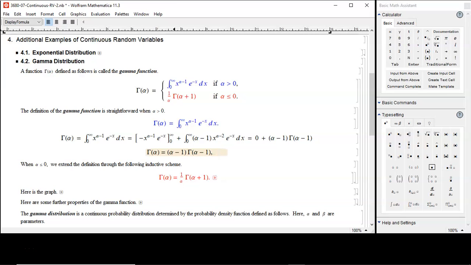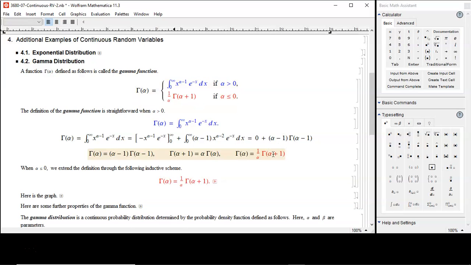And of course, if I begin from alpha plus 1 instead of just alpha, then this is what I'm going to get. And this is going to be just alpha, and that's going to be just alpha. And therefore, gamma of alpha is equal to, flip it over, 1 over alpha times gamma of alpha plus 1.